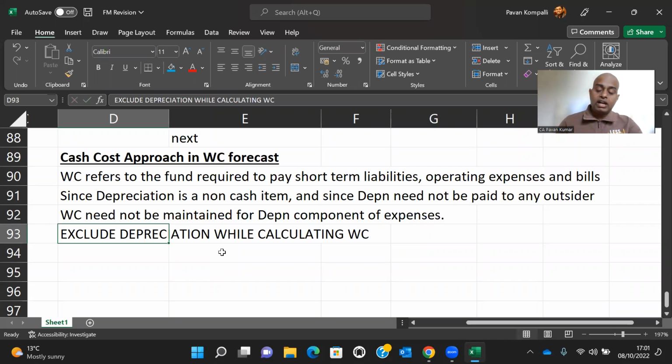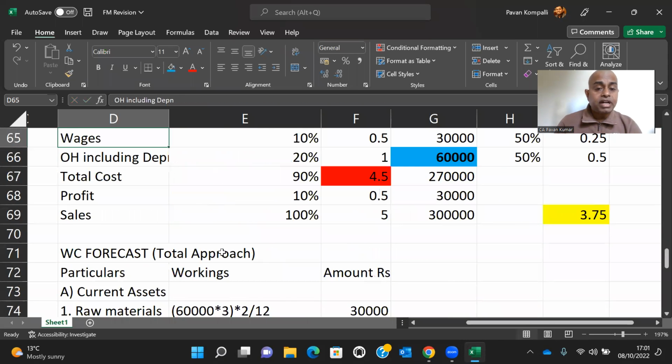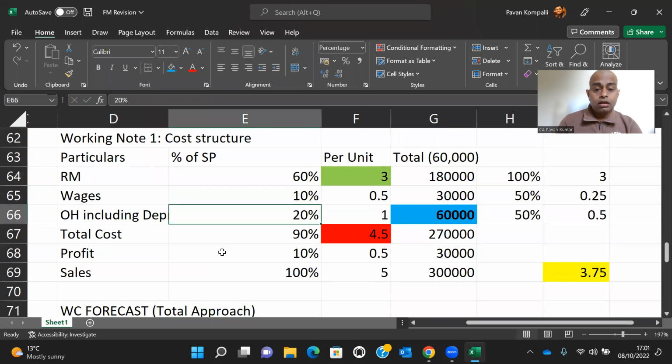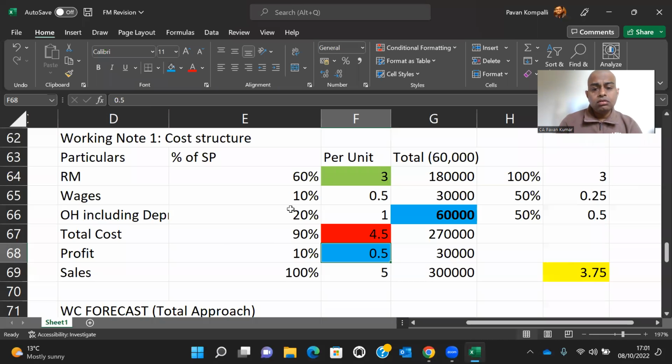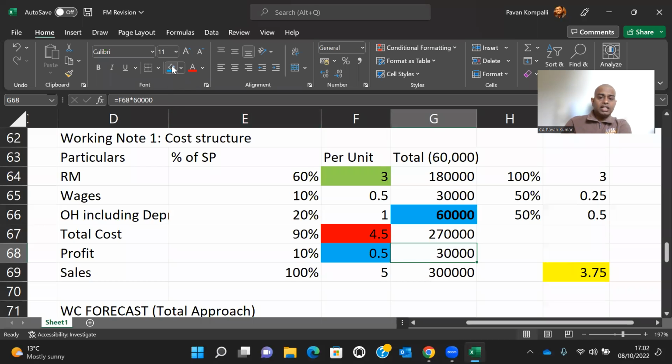Another thing to be excluded is profit. If you look at this particular table, this 30,000 is there now. Do I need to maintain working capital for this 30,000 component?